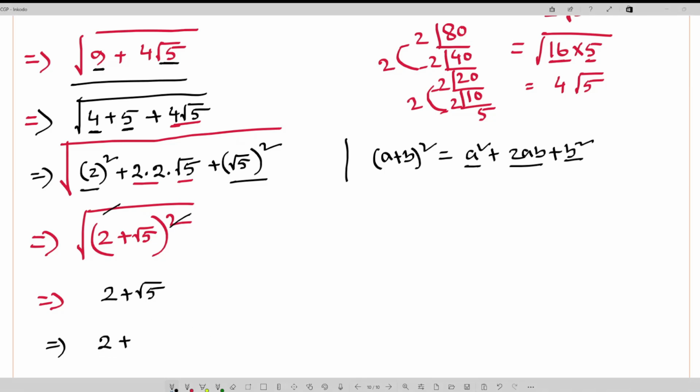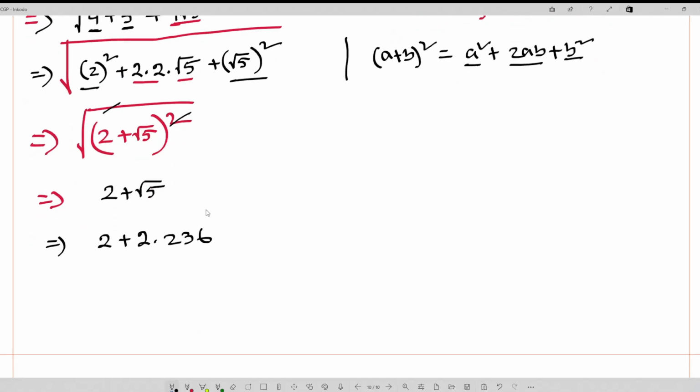If we make more calculation, we can write root 5 as 2.236. Okay, and it should be approximate. So our answer is 4.236 approx, and this is our answer.